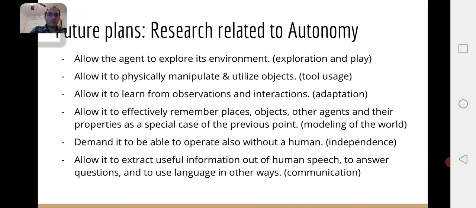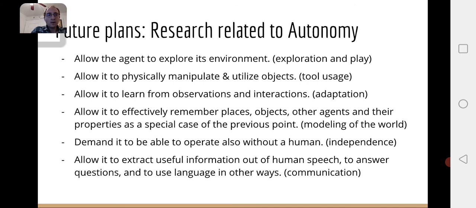Clearly, what we have seen in the last slide, I want the agent to explore its environment, to do exploration and play systematically, so that it can learn more about its environment by exploiting hypotheses where it's more uncertain about, essentially testing the more uncertain hypothesis, and not just random action invocation, which has nothing to do with actual curiosity.